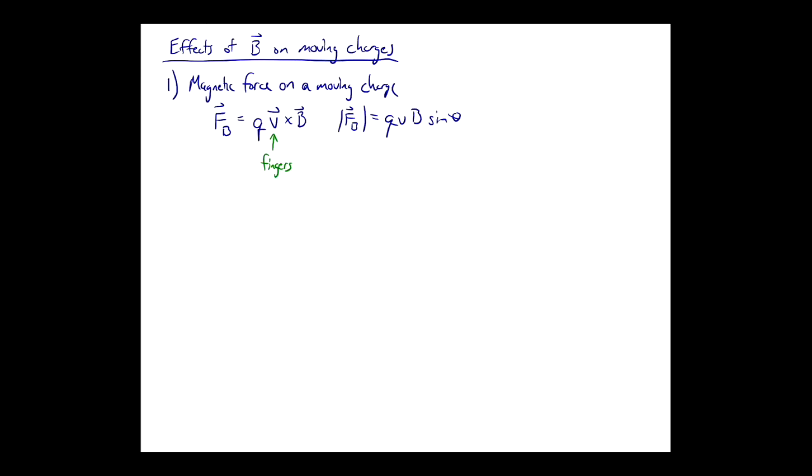And then for B, you curl the fingers toward this direction. Once you do all that, the result happens over here, and that's the direction your thumb will end up pointing. This is specifically for a positive charge.